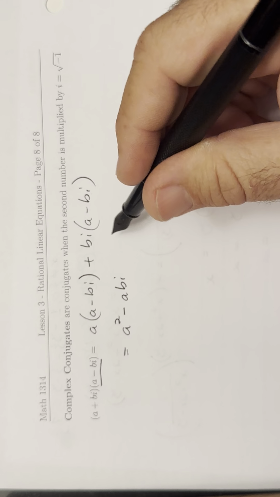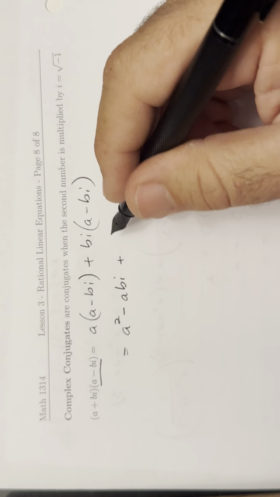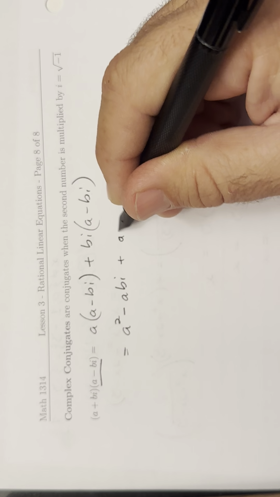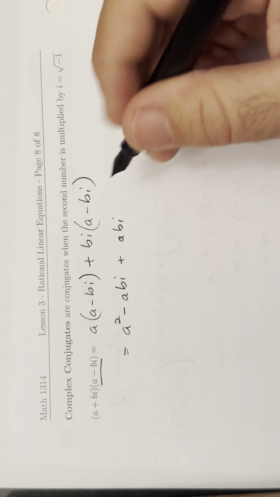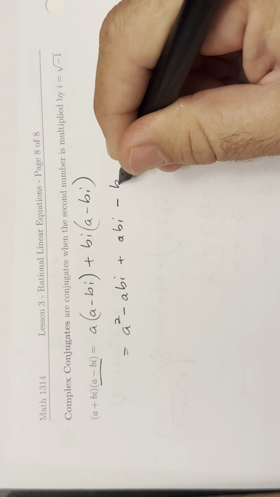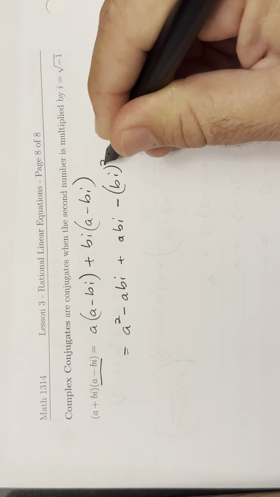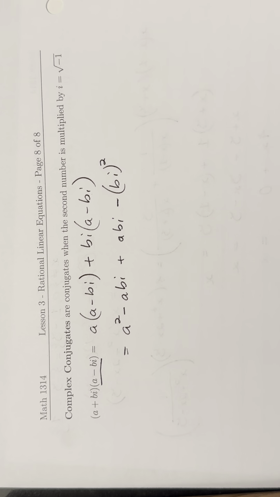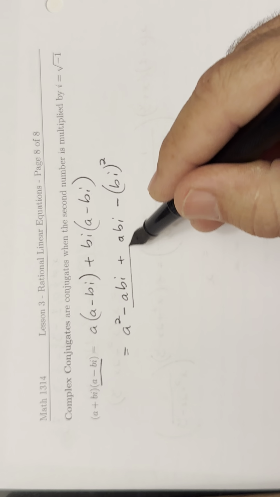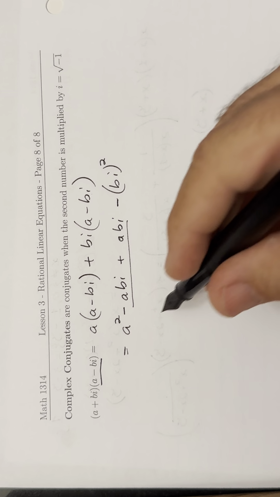Distribute this bi, so we've got abi again, and then over here, bi times minus bi, so this would be minus b squared i squared. Right? We're just multiplying them together, but one of them is a negative, so we have a negative here. So notice those two are equal and opposite, so it's 0.